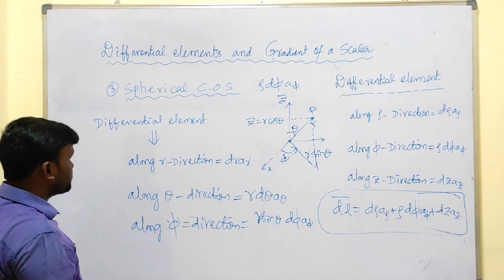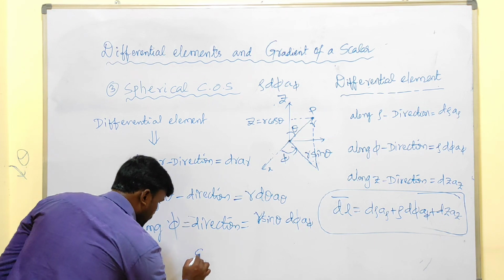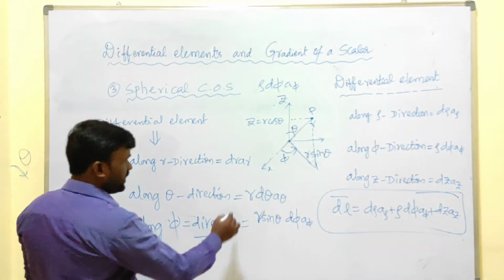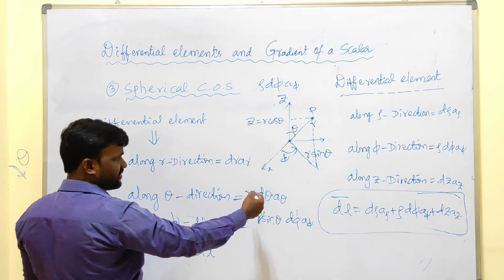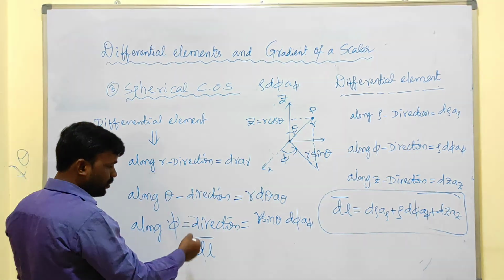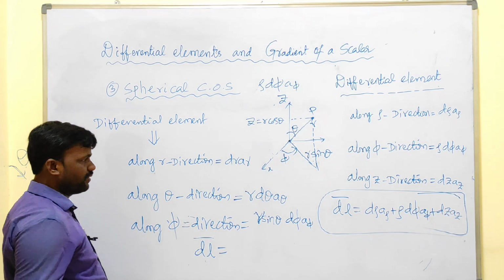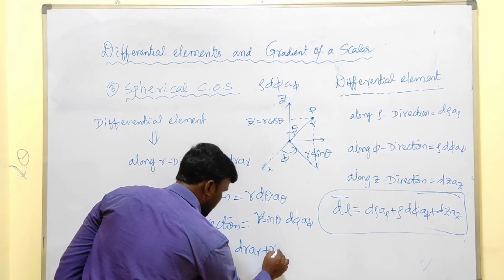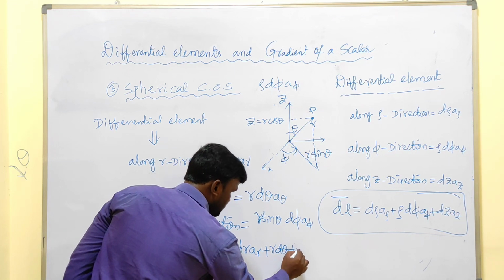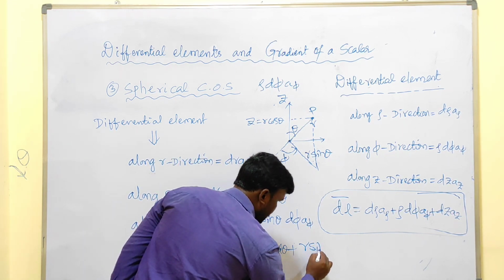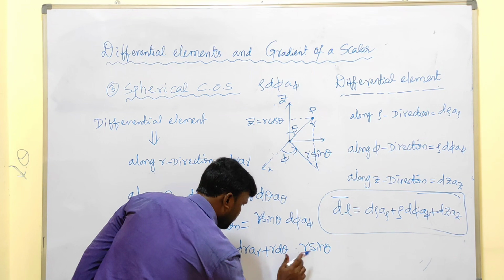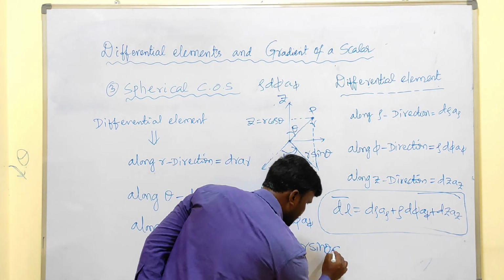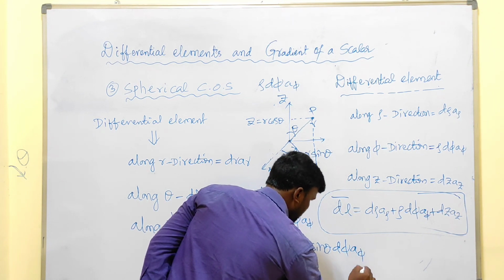So this is about the differential elements in spherical coordinate system. Now total differential displacement, that is dl, here we consider individually along r direction, theta direction, phi direction. Then total displacement dl bar equals dr a r plus r d theta a theta plus r sin theta d phi into a phi. Here I forgot to write the unit vectors, please write them down.